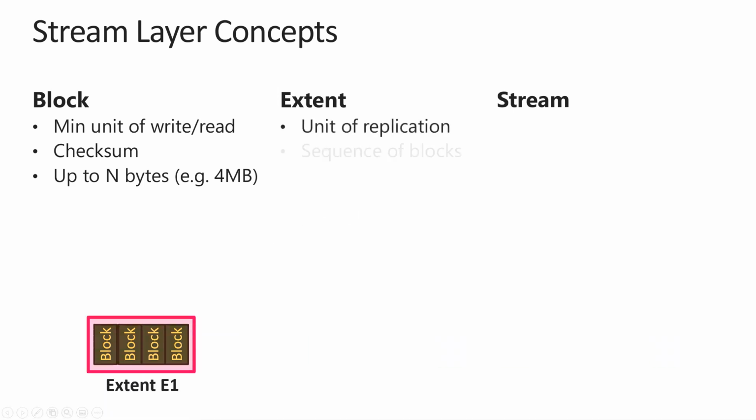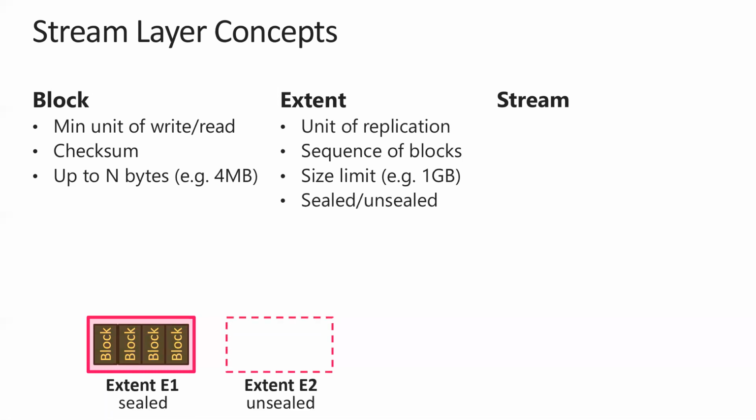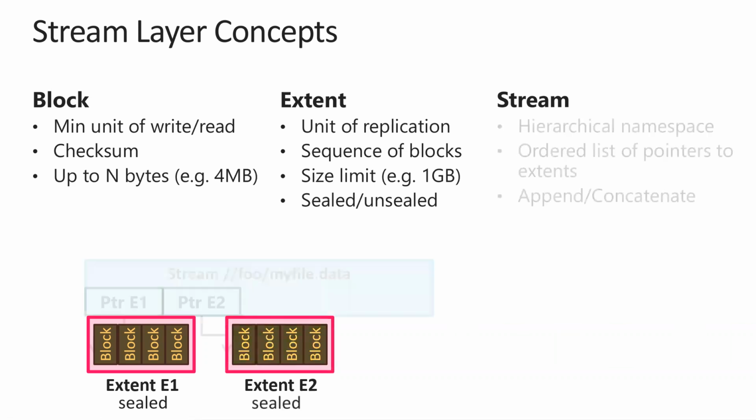These blocks are combined to form an extent, and an extent stores about 1 GB of data. When it is full, it is sealed, and that completes an extent. Similarly, more data is stored in another extent, and then it is sealed.